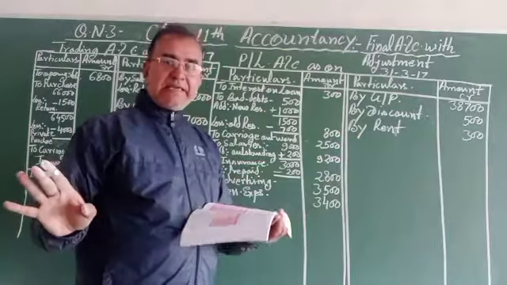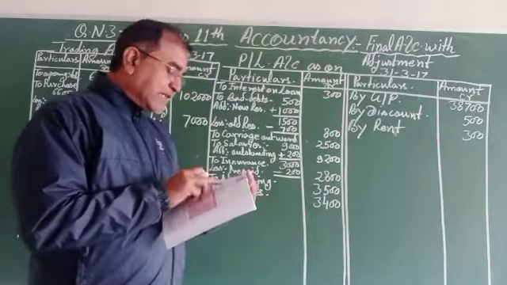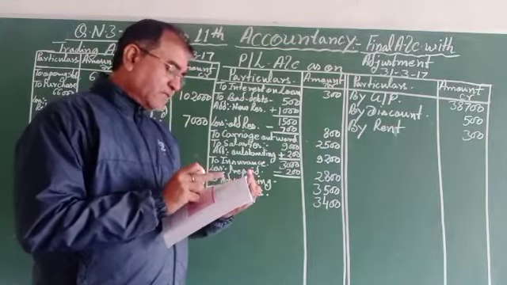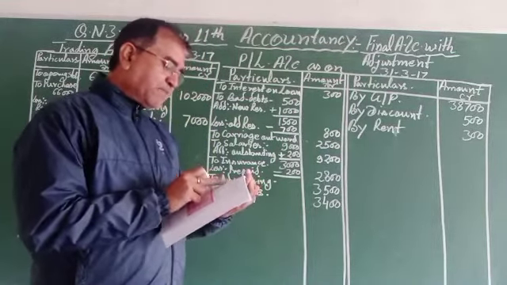The trial balance indirect expenses, depreciate land and building at 2 1/2% and motor vehicle at 20%. Land and building that is given 12,000 into 5/2 into 1/100. That will be the amount of 300.